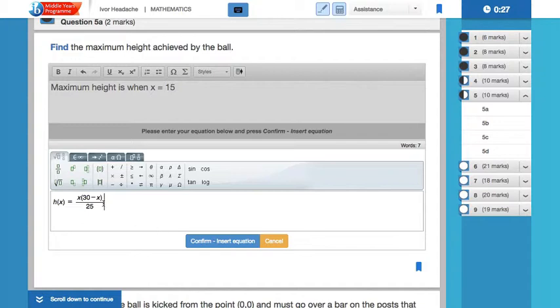And then this is where I can save myself a bit of time by being a bit nifty with the Control-C, Control-V. I'm going to copy that from there and paste it down there, so I've got exactly the same thing, but then I'm just going to change that x for a 15.